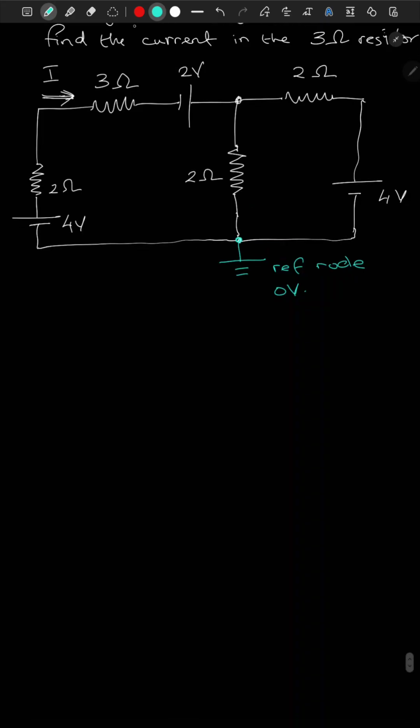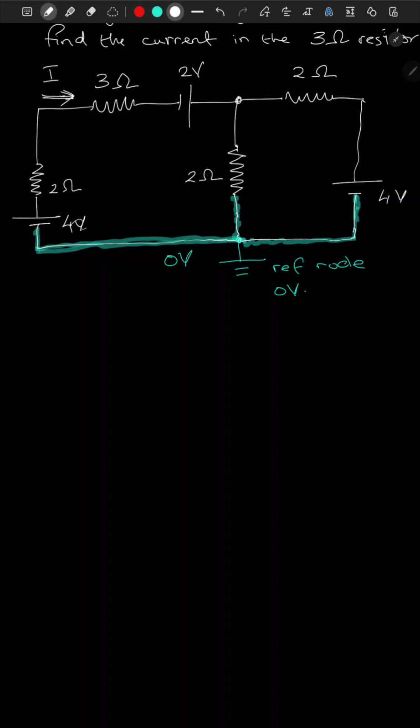So everything in the branch over here to this branch is at 0 potential. Okay, these are at 0 potential, meaning that all the current would flow towards the 0 potential.